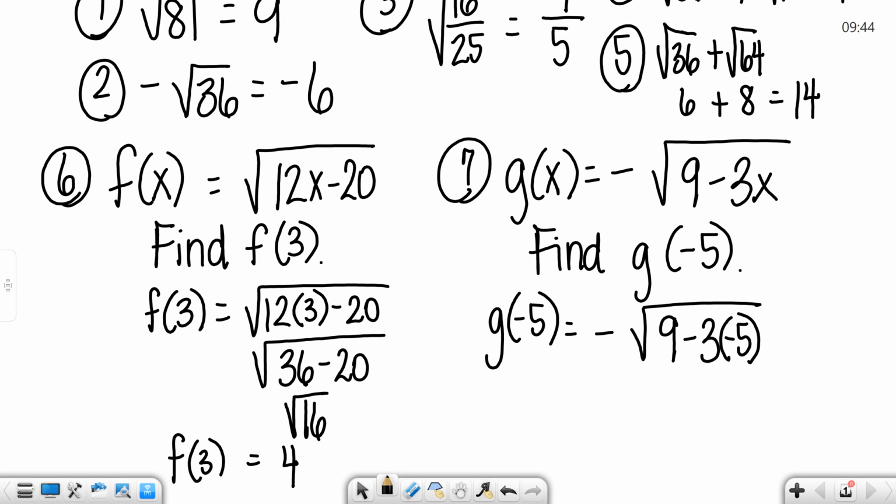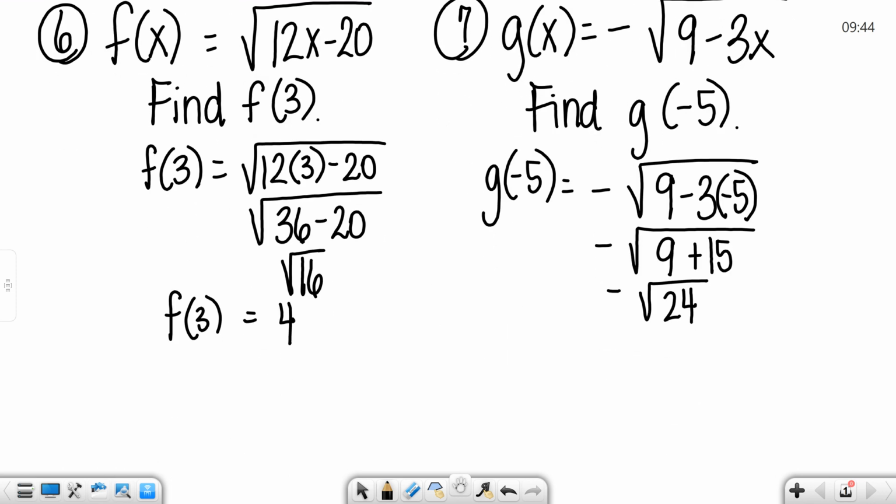Now, important to have those parentheses because that's 3 times x, so that's 3 times negative 5. All right, so let's do our order of operations. Negative 3 times negative 5 is positive 15. So when I add those together, I get positive 24 under my radical.